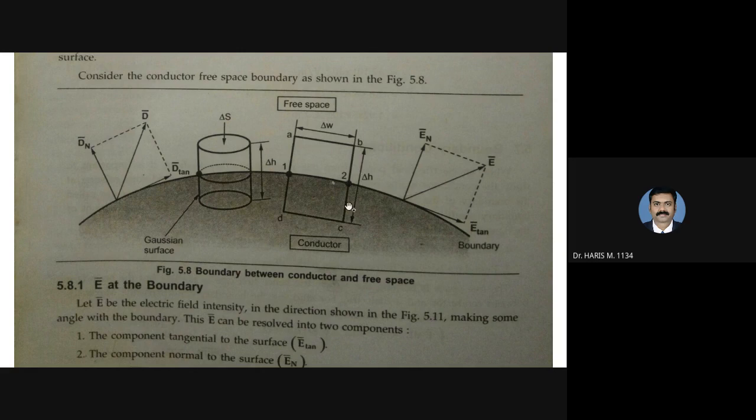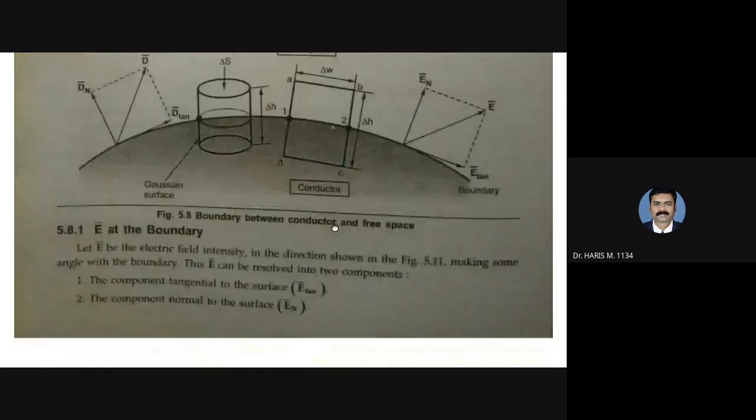From B to C, half of the portion is above the conducting medium and half is below the conducting medium. Then from C to D, it is inside the conducting medium, and from D to A, half of the rectangle is below the boundary and half is above the boundary. So we can divide these into 4 different components.